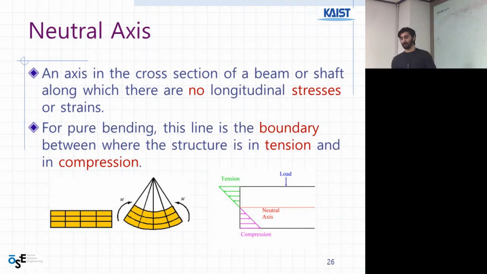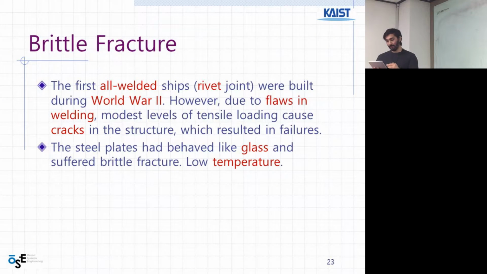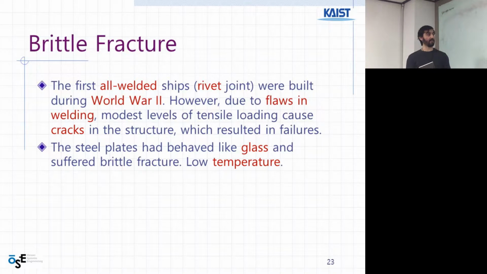And there is this property: all fibers on one side. For example, in this case the bending moment is upwards, so all fibers above the neutral axis are under compression, and the ones below the neutral axis are under tension.